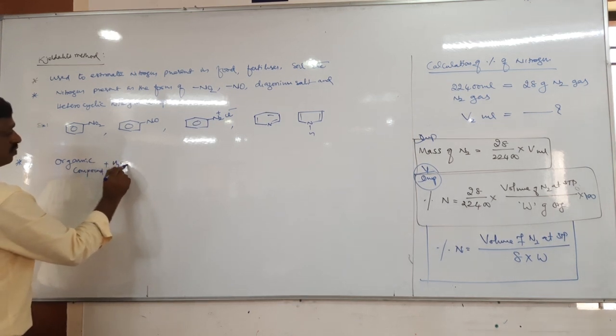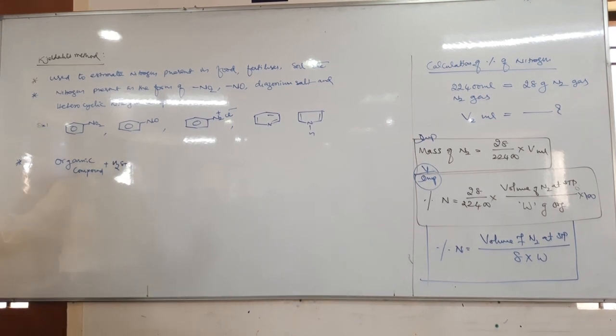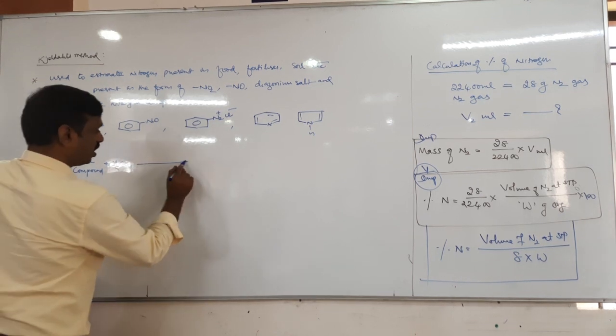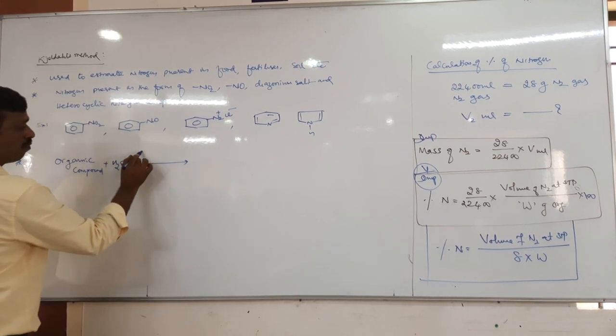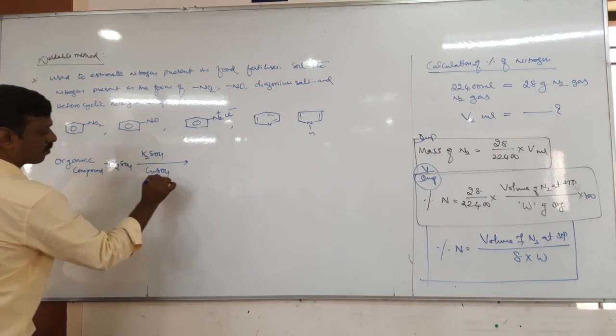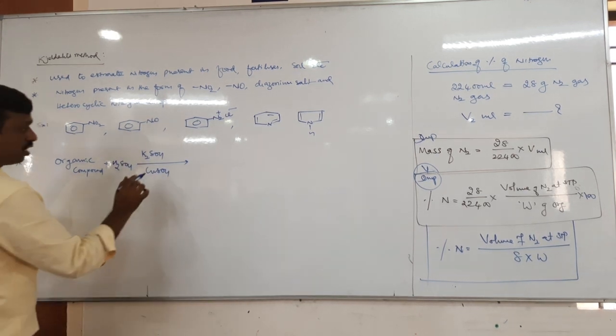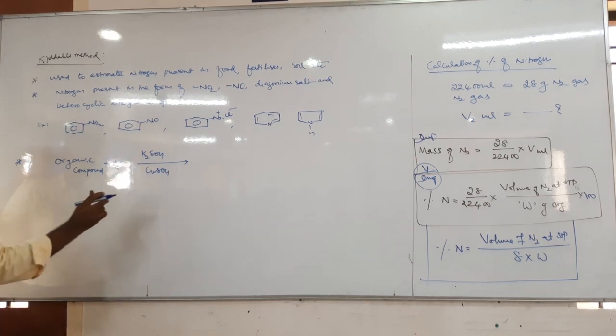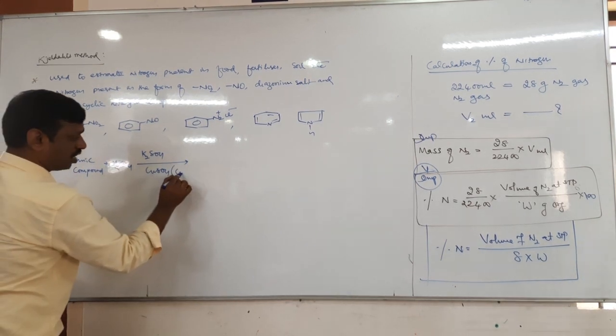The organic compound is heated with H2SO4 in the presence of potassium sulfate and copper sulfate, where copper sulfate is a catalyst.